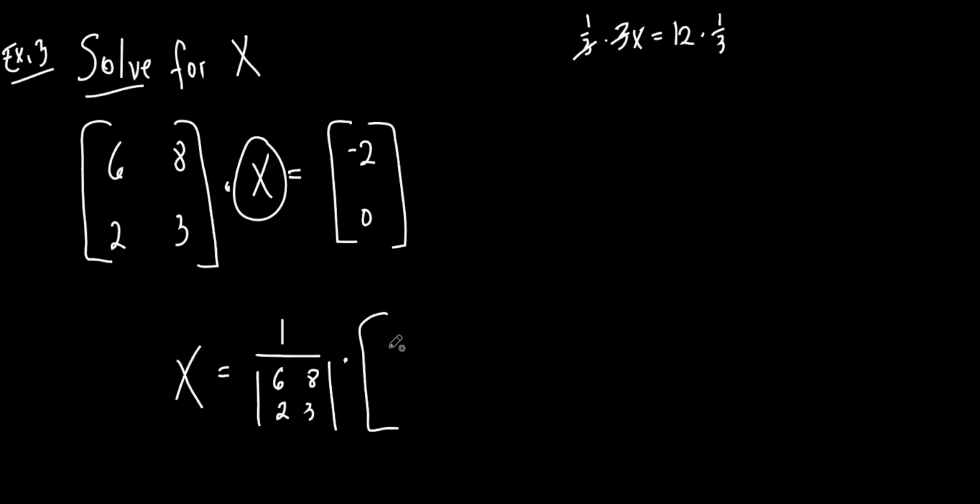I don't know any better way to say it. So let's switch these: 3, 6, and then -8, -2. And then I multiplied this by this, and it canceled out, so I multiply this side by this. I've got to keep that over here.